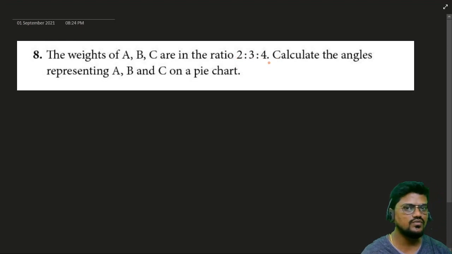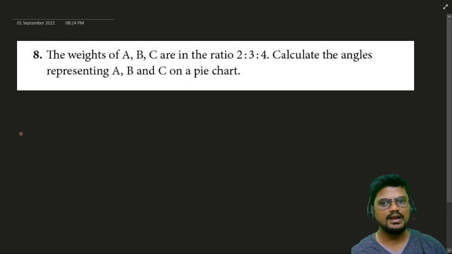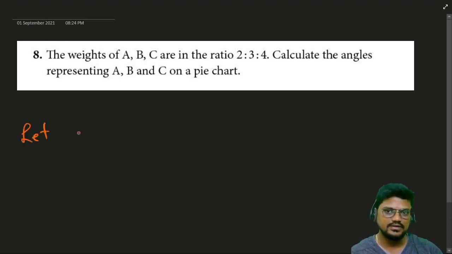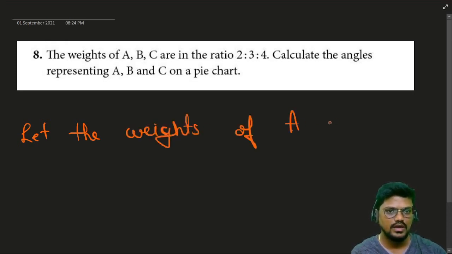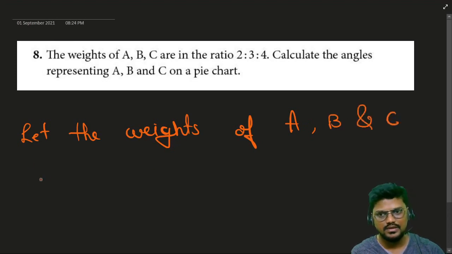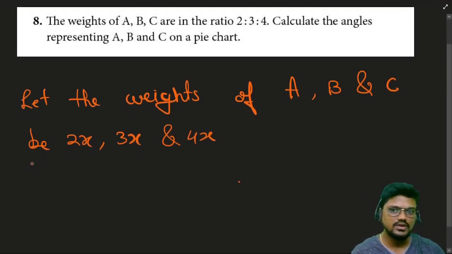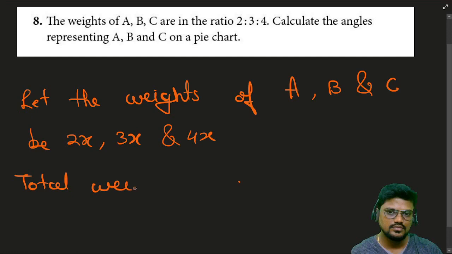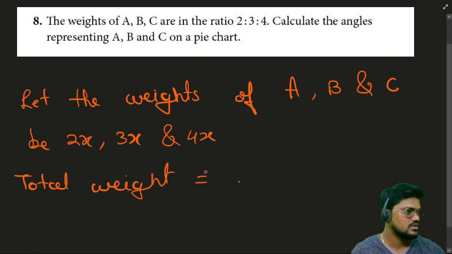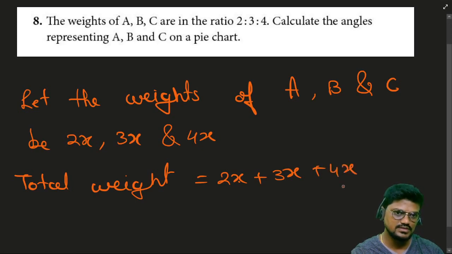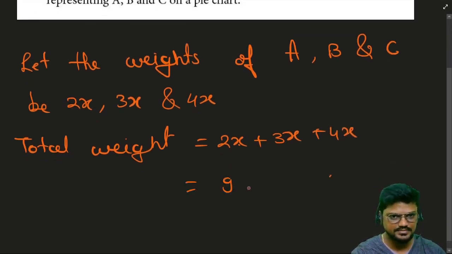So if I want to calculate what part of A is there, first let the weights of A, B and C be 2x, 3x and 4x, right? Their total weight will be 2x plus 3x plus 4x, that gives you 9x.